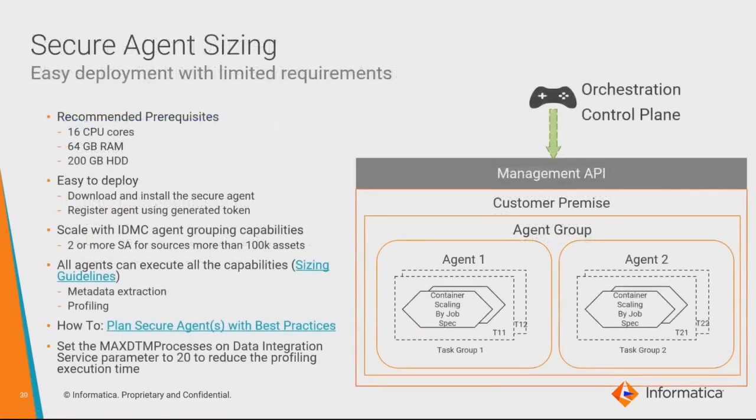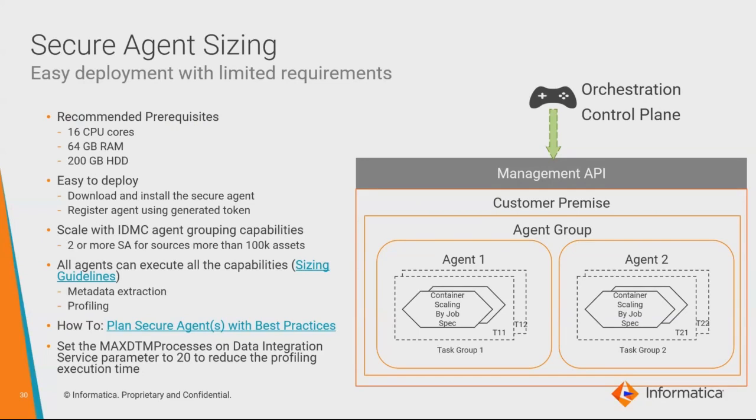Now let's talk about Secure Agent sizing. It is recommended to have at least 16 CPU cores, 64 GB RAM, and 200 GB hard disk drive to get started with, and it can be scaled up as the data governance platform grows with time. The size of the metadata depends on the number of assets that are being processed.